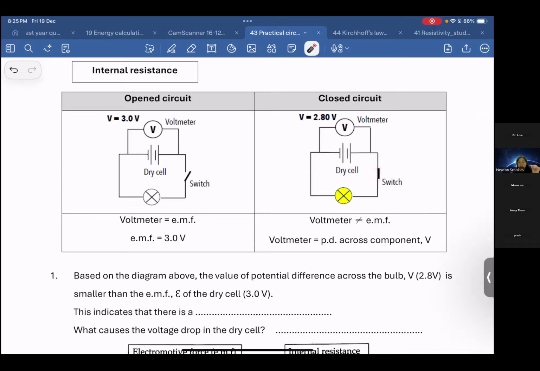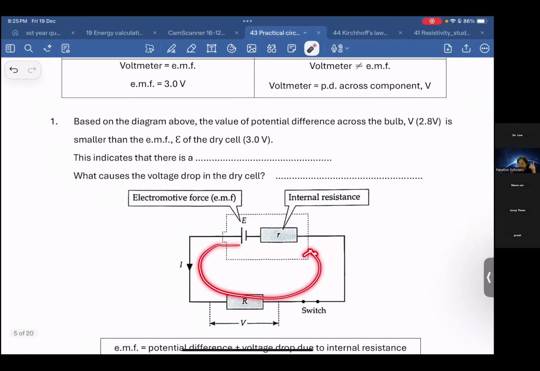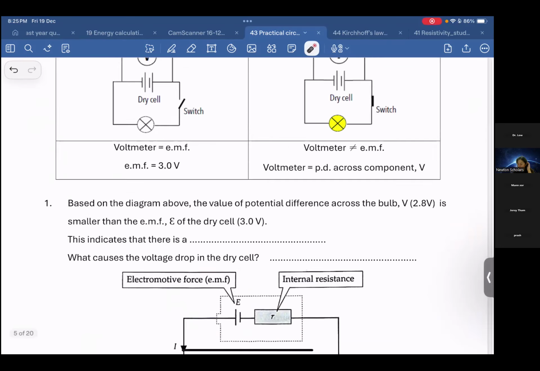It's because inside my battery, we have an internal resistance. We have something hidden here. Inside the battery, we have a part called internal resistance. When current flows through the circuit, this appears, because of the chemical electrolyte.